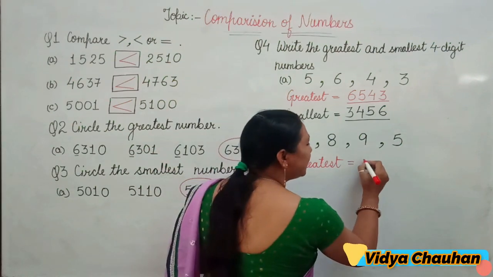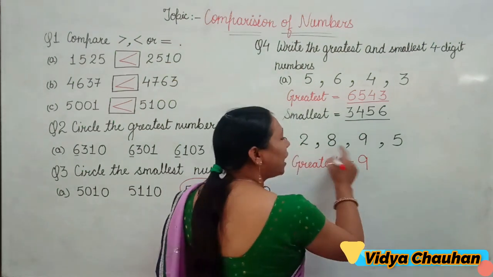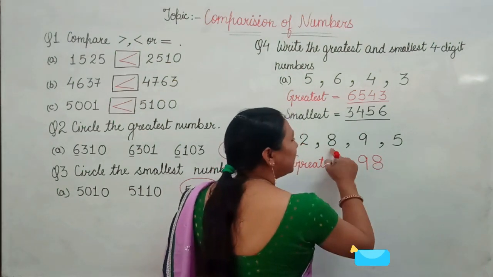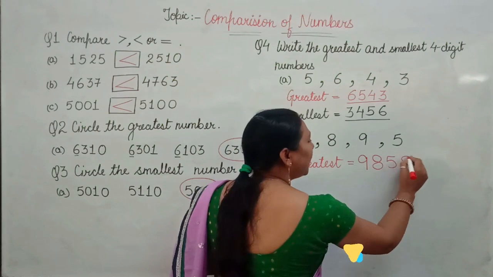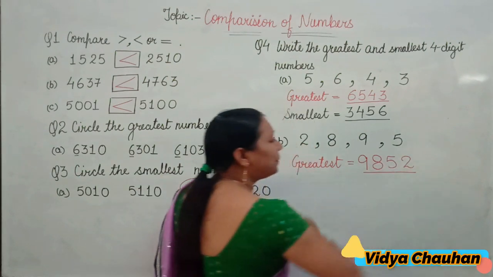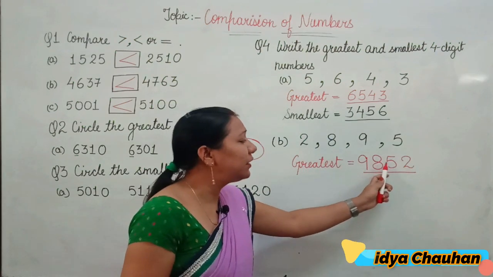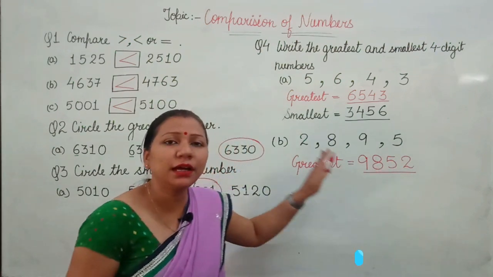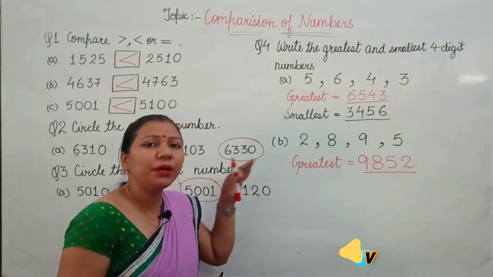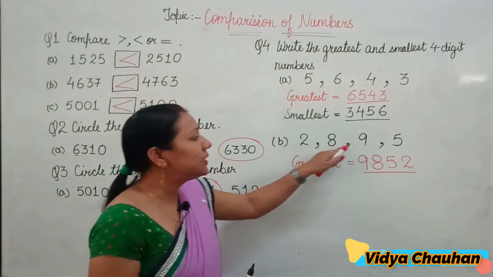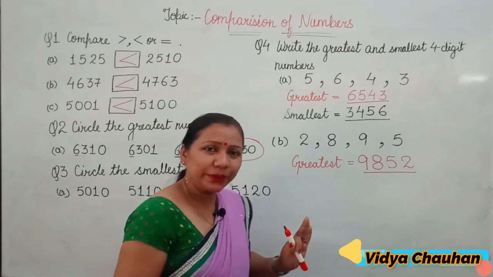Which is the greatest digit? 9. After 9, 8. Then 5 and 2. So which is the greatest number using the given 4 digits? 9852. This is the greatest 4-digit number possible using these given digits.